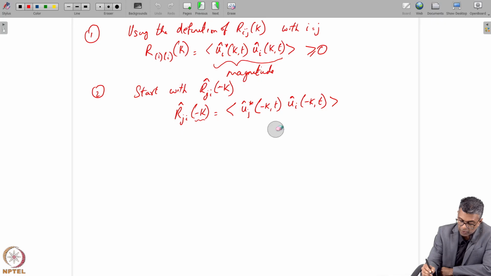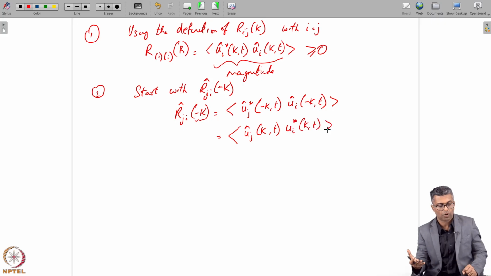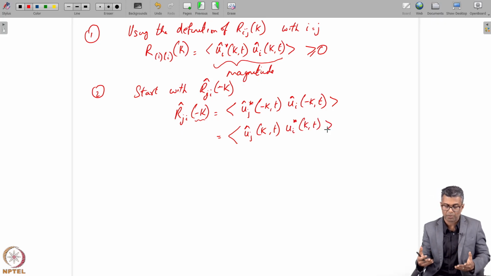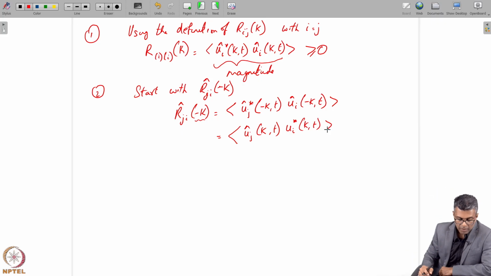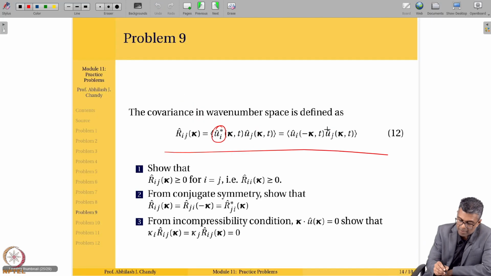So this is what I have, right? This becomes uj star of minus kappa becomes uj hat of kappa comma t, and then ui hat of minus kappa becomes ui star of kappa comma t. The minus kappa just becomes the conjugate. This is the same as what is given here.